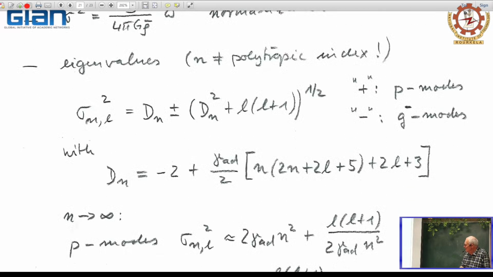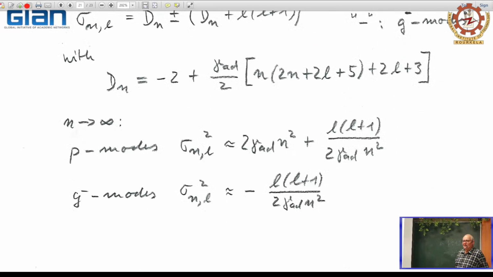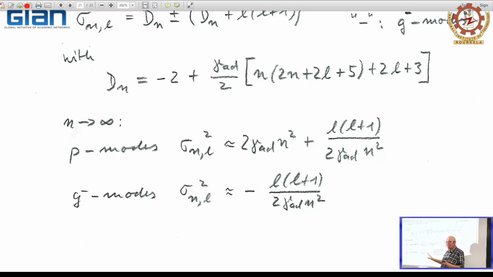Well, that's even too complicated for us, so we consider the limit of radial order going to infinity, but this is a closed analytical form for the eigenfrequencies of this homogeneous n equal 0 polytrope. And so for the p modes, we obtain as an approximation for n going to infinity that sigma_{n,L} squared is given by n squared times the adiabatic index plus L times (L plus 1), over gamma adiabatic n squared.